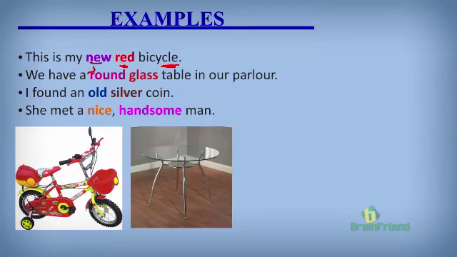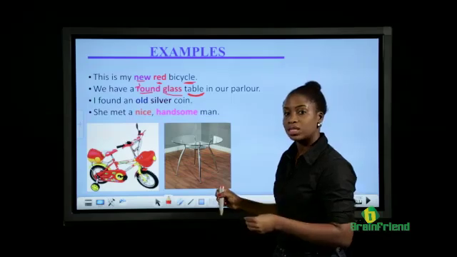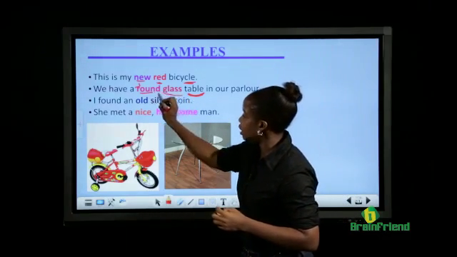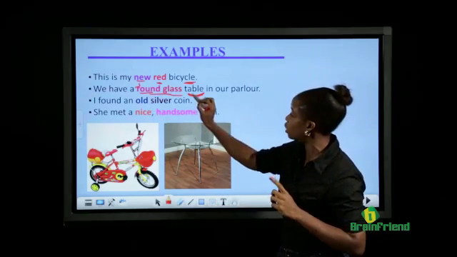Let's look at the other sentences. We have a round glass table in a parlor. The noun in the sentence is table. And round tells you the shape of the table. Glass, it tells you the quality or texture of the table. So the two adjectives qualify this one noun.